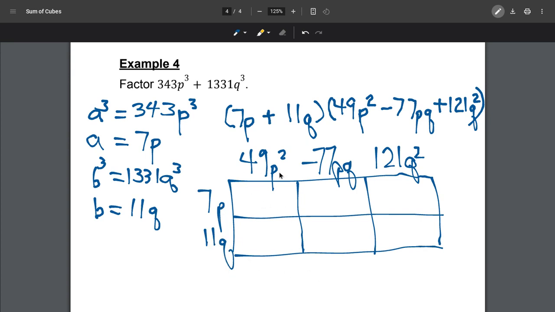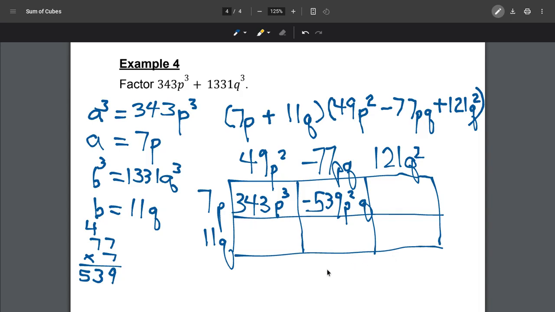Okay, so 7p times 49p squared is 343p cubed. 7p times negative 77pq, let's see, what is that? 7 times 77 is 539. So it's going to be a minus 539p squared q.